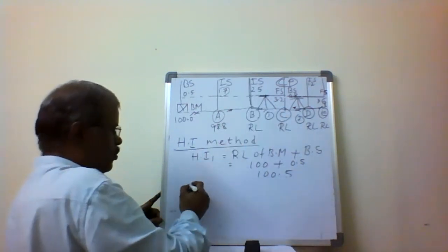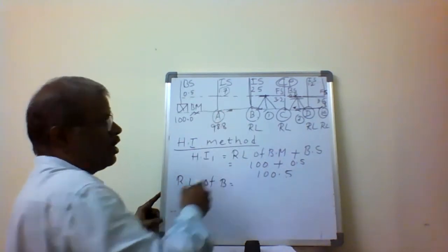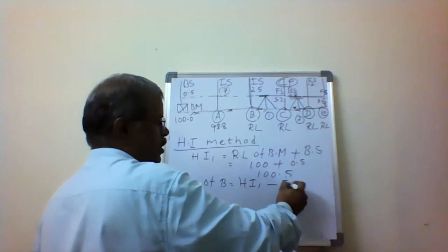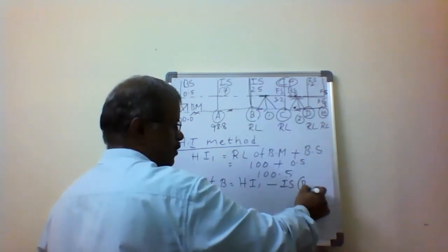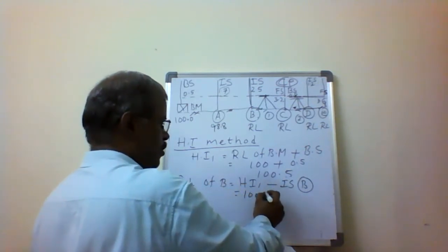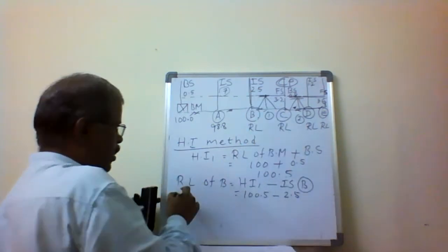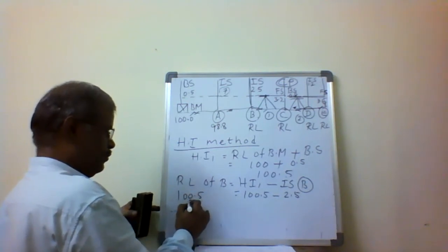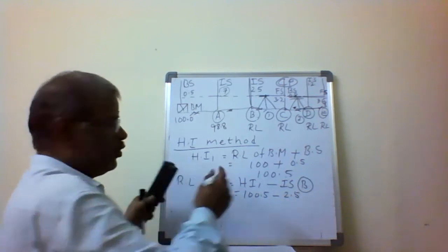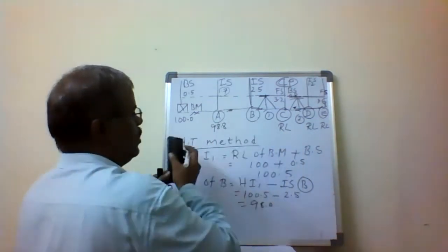So once again, RL of B equals the same height of instrument minus the intermediate sight at B. Height of instrument is 100.5 minus the intermediate sight at B, 2.5. So 100.5 minus 2.5 is 98.0, the RL of B.